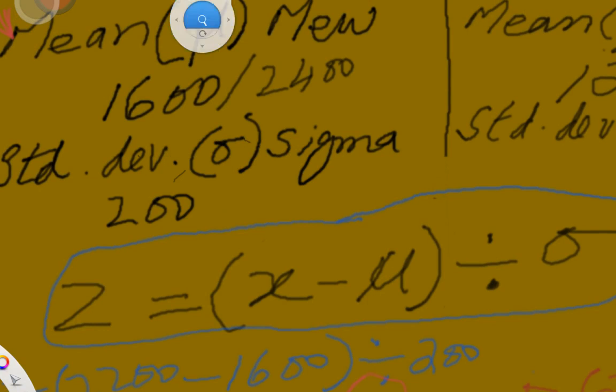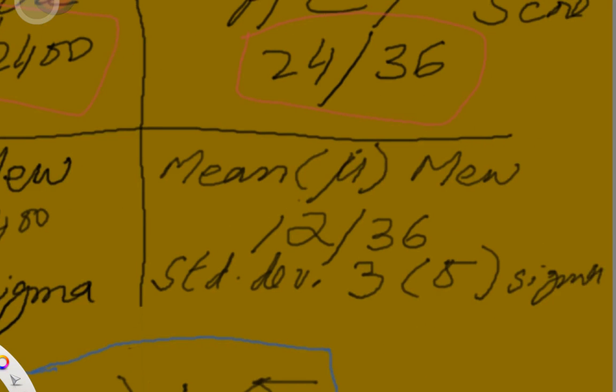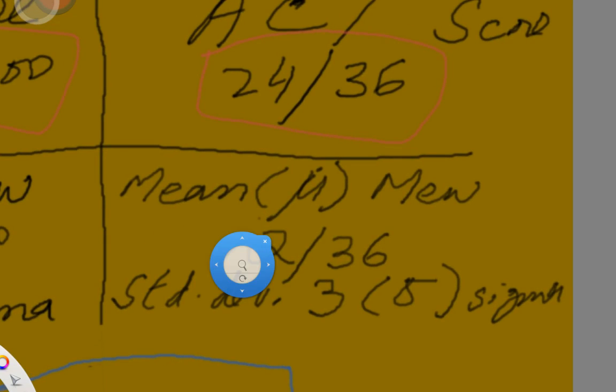On the ACT side, we have a mean of 12 out of 36, meaning that most people in this case have scored 12 out of 36 with a standard deviation of 3, meaning there's a 3 plus or 3 minus from the average score, from the mean score of 12 in this entire group.